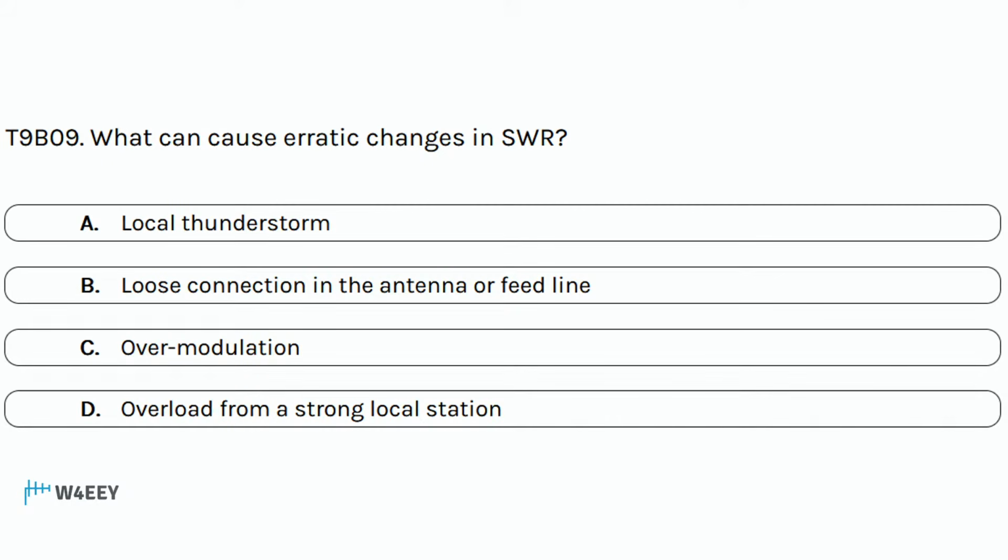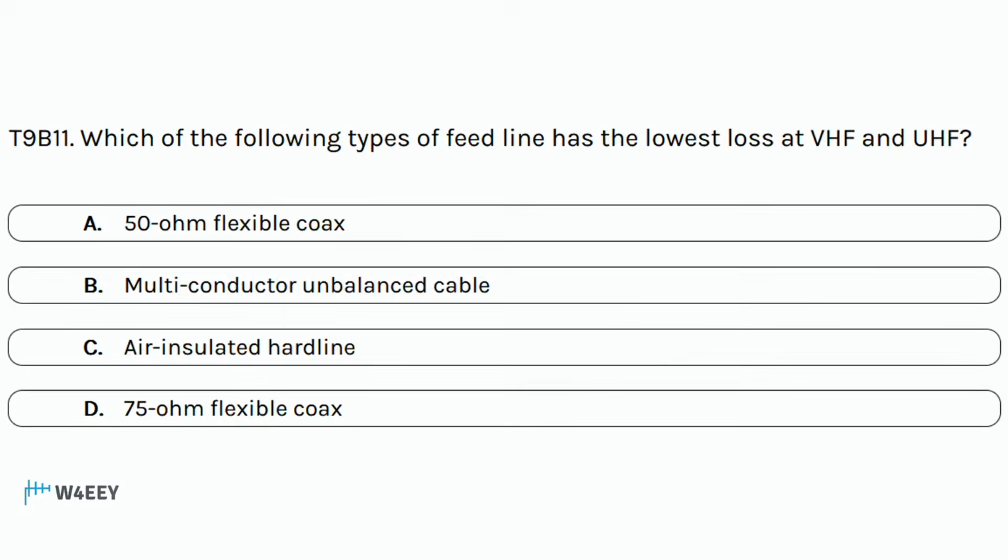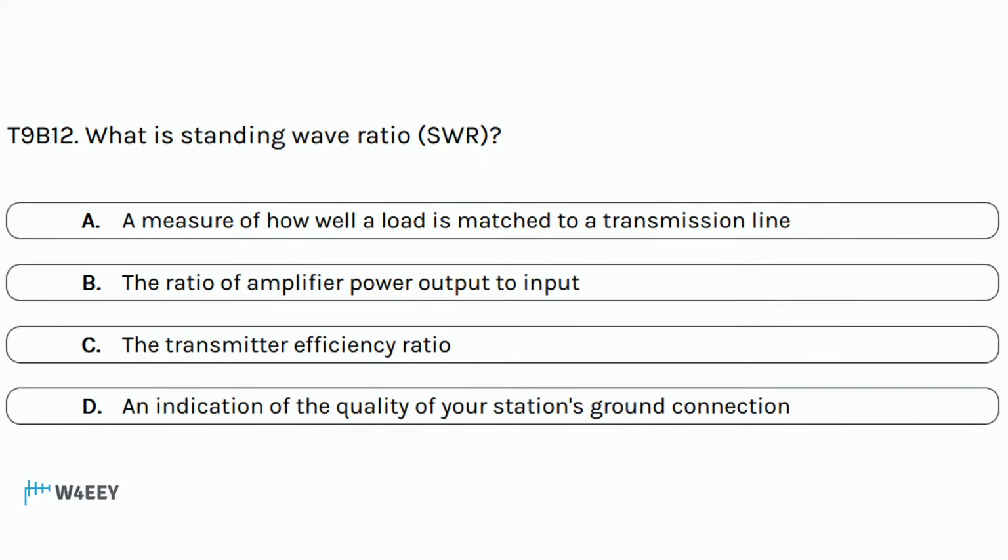B. Yeah, a loose connection could do it. It could be intermittently open or shorted. And which of the following types of feed line has the lowest loss at VHF and UHF? What do the broadcasters use? Charlie. They use air-insulated hardline. Hams do too. So what is standing wave ratio?